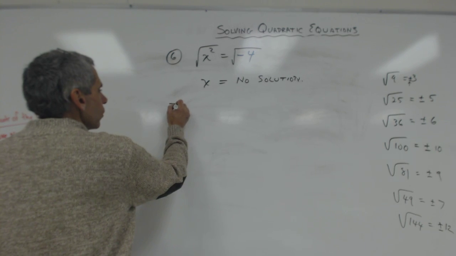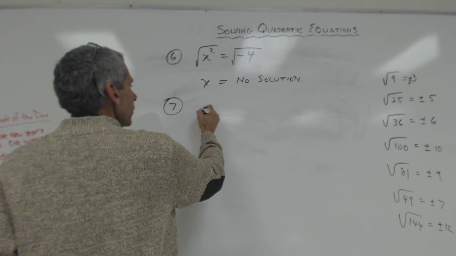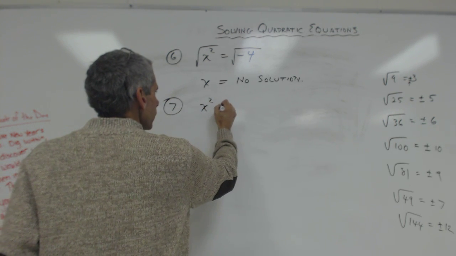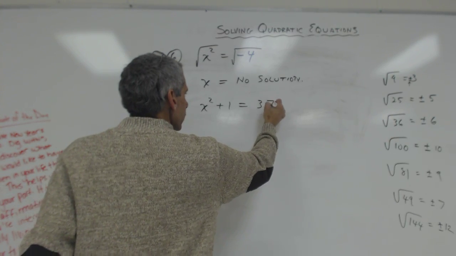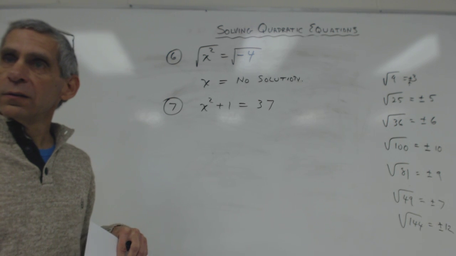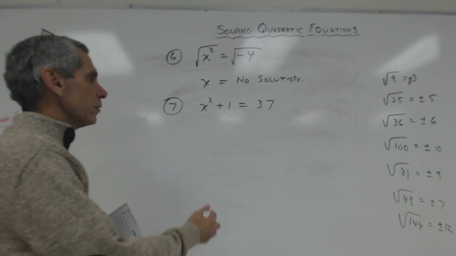Okay, a few more. Let's go back to what's going to be on the homework. What if I said x squared plus 1 is equal to 37? You minus 1 on both sides.